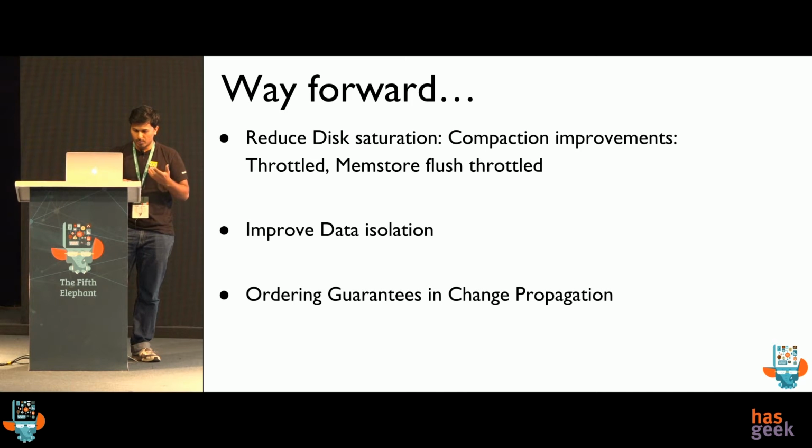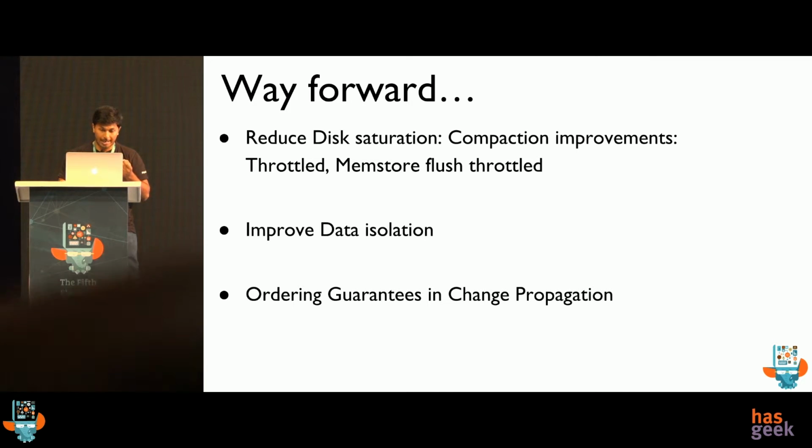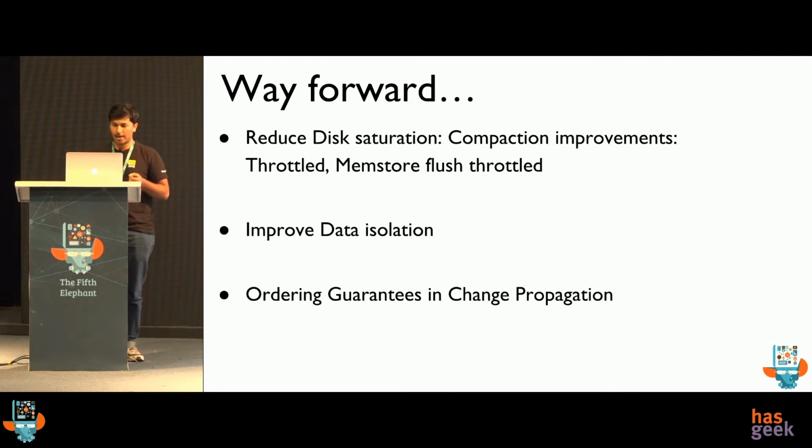We're also trying to look at new patches and ideas which are involved, and we have a lot of RAM. So we're trying to see if we could compact the in-memory data structure memstore rather than having it flush to disk all the time, and work on the disk for compaction. So memstore flush throttle and compaction throttle are things we're looking at. We still haven't got absolute data isolation. So whatever I had explained to you was on the files which were created by memstore flush.